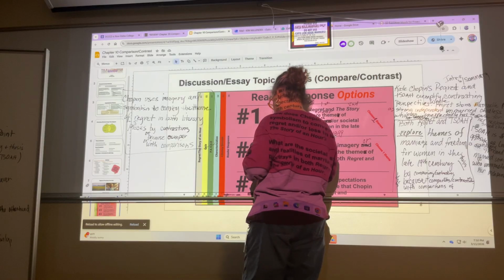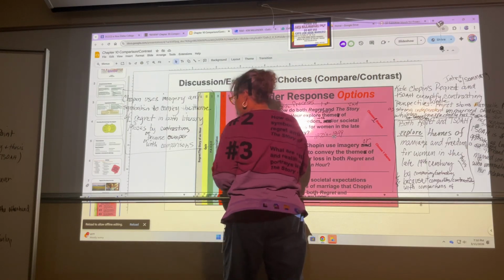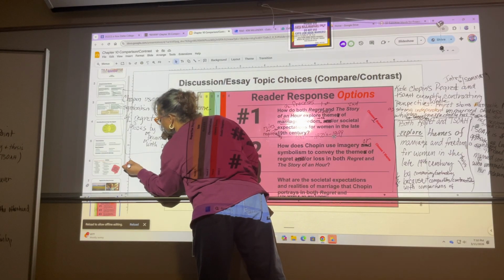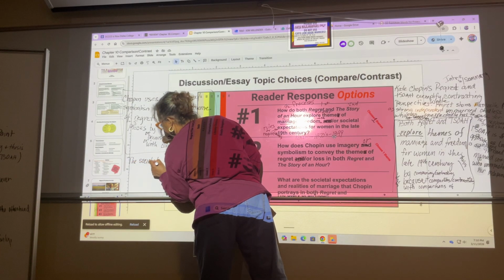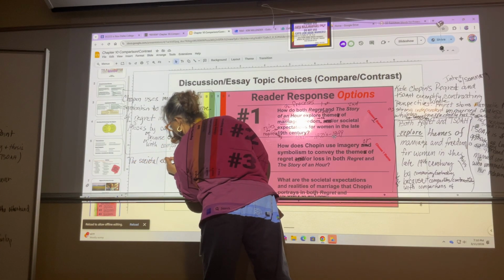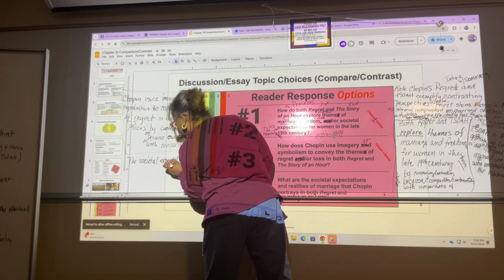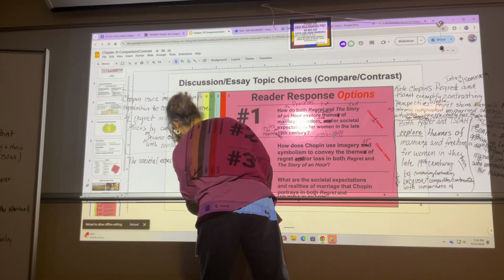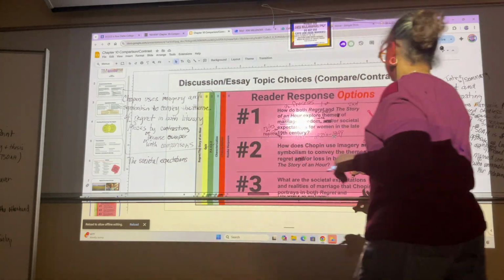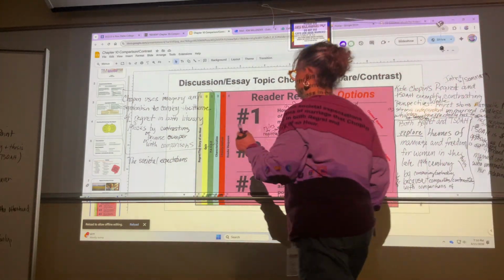I'm killing these poor little markers. The societal expectations. And once again, rules, right? Expectations, society and realities of marriage.